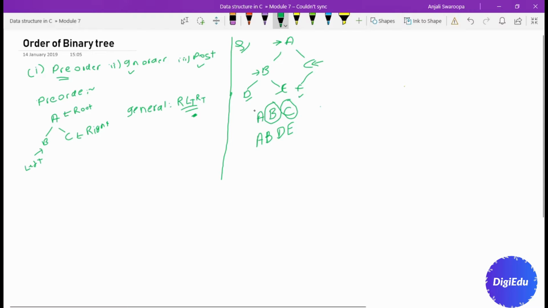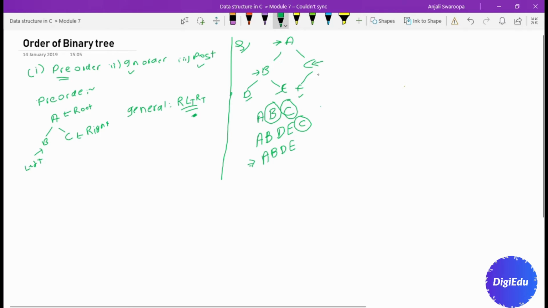Notice that D and E do not have any subtree, so I am not going to encircle them. But C is encircled, so I will write it as encircled. I will solve C in the next line. As I said, the rest which are not circled you need to write as they are. You don't need to change anything.